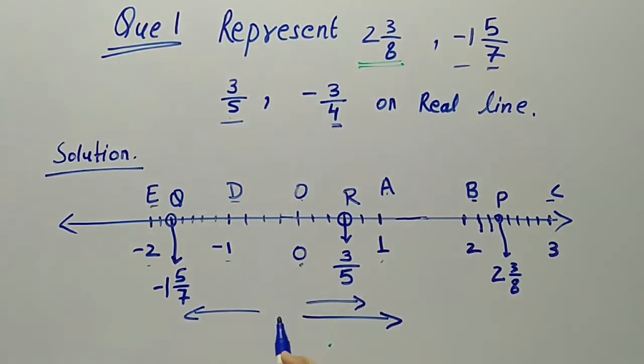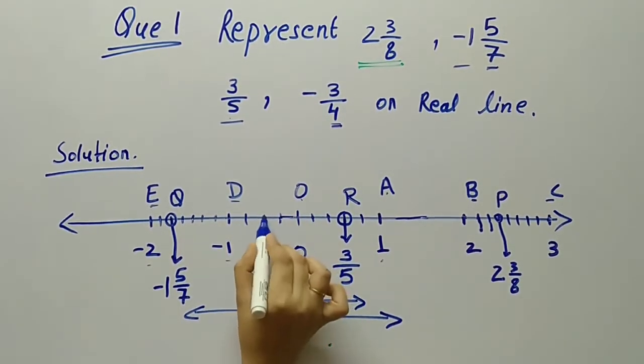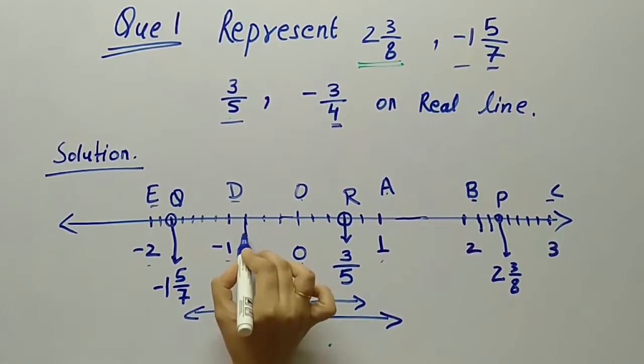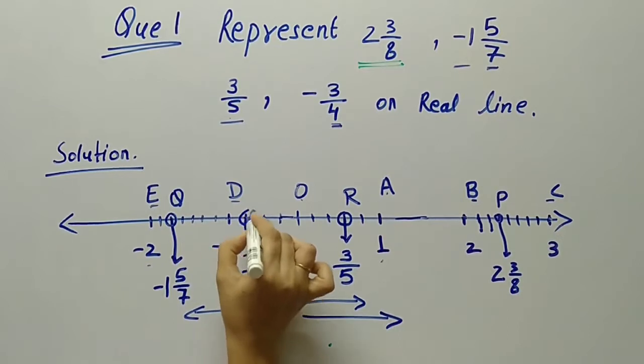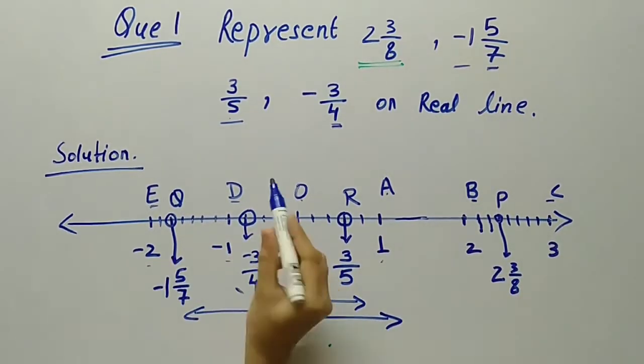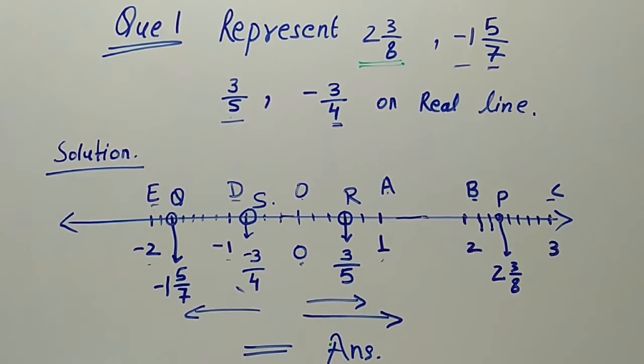Now we will start counting. This point will be minus 1/4, minus 2/4, and this point will be minus 3/4. We will name this point as S. So this is our answer. We can plot the numbers on different lines also. So this is our answer.